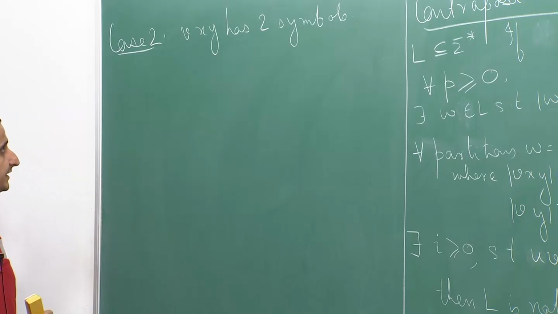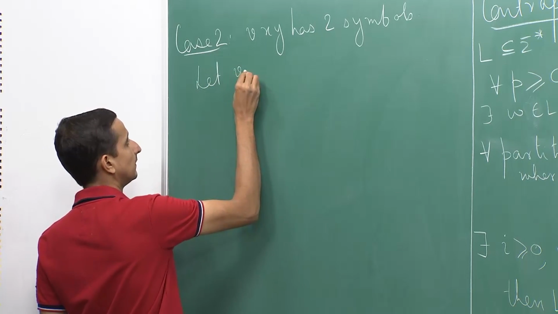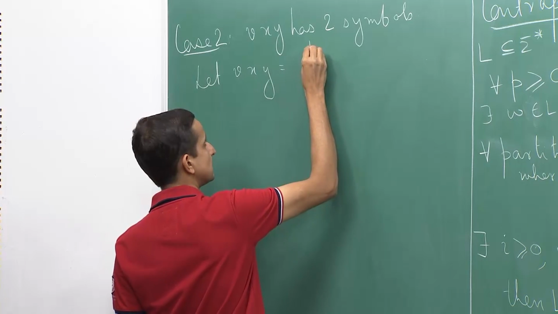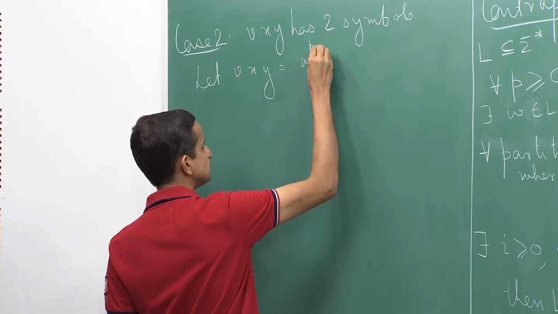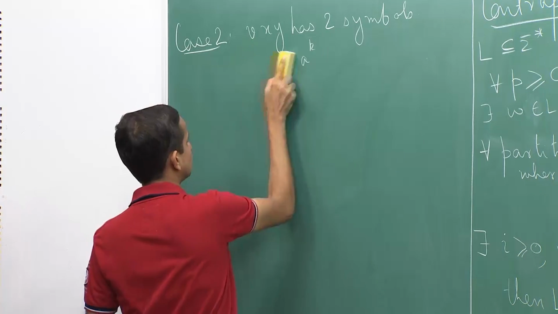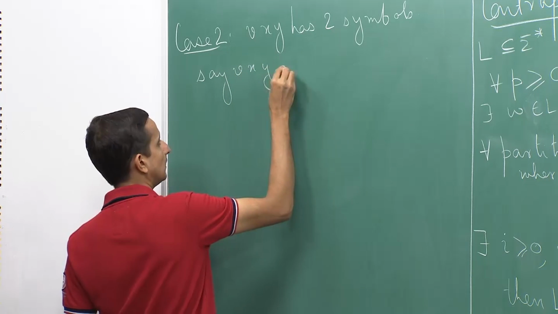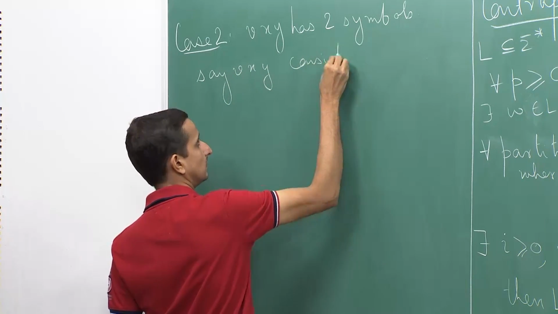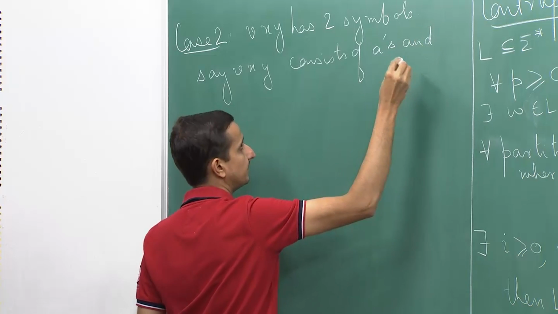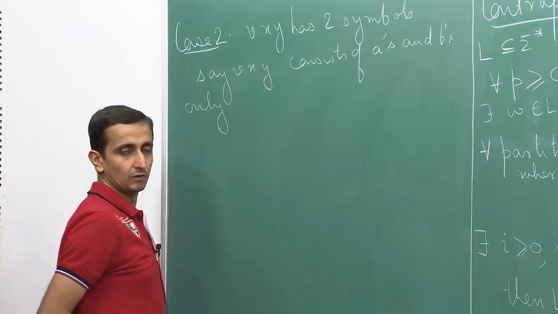Okay. So, suppose vxy has two symbols, say vxy consists of a's and b's only.